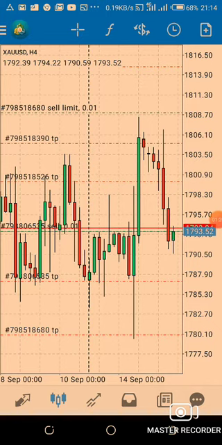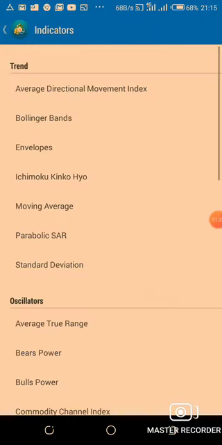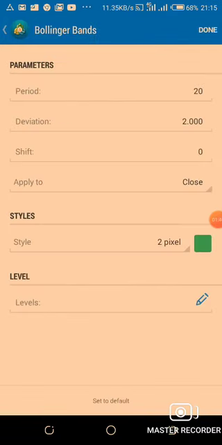I've told you now how to delete indicators. So how to add an indicator? Can you use where indicators are? So just look for it, just click done. Don't touch it.